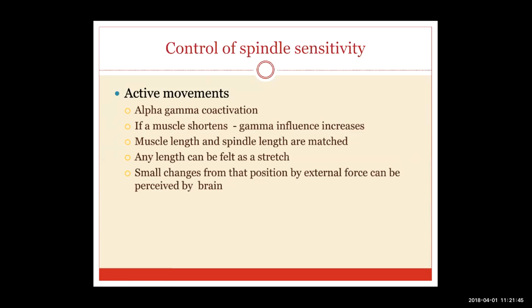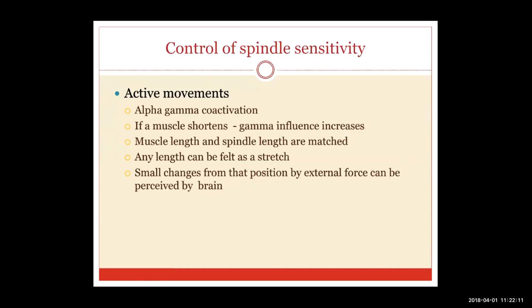So the spindle, which can send impulses, actually sends an impulse to the brain that the muscle length is changing. As the muscle is contracting, the endings are also contracting. So the brain clearly knows and matches the spindle length to the muscle length.